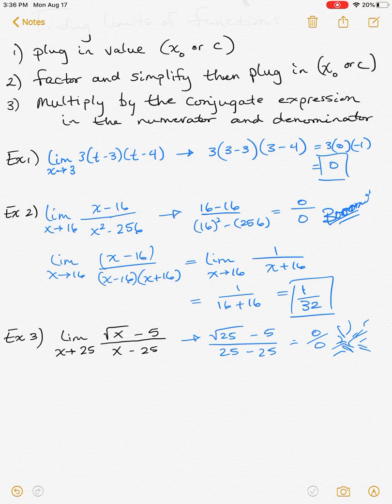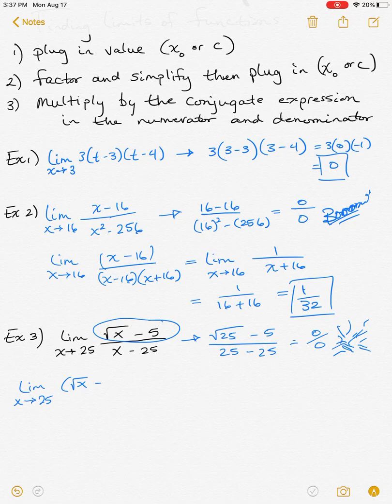Factoring that would be challenging. So let's multiply by the conjugate expression. I'm going to identify the piece that contains the radical, and I'm going to multiply the numerator and denominator by the conjugate of that component that contains the radical.